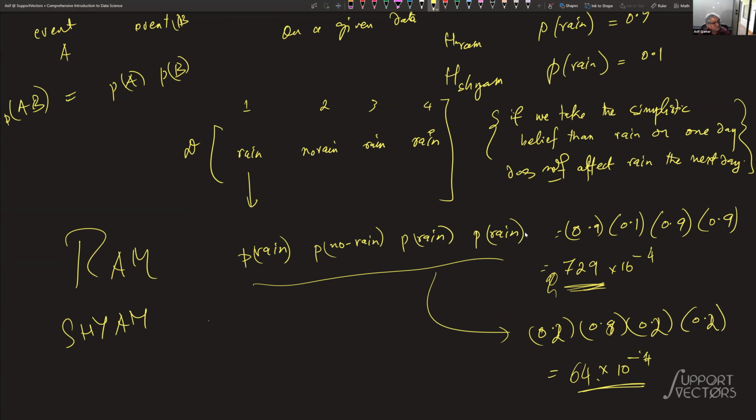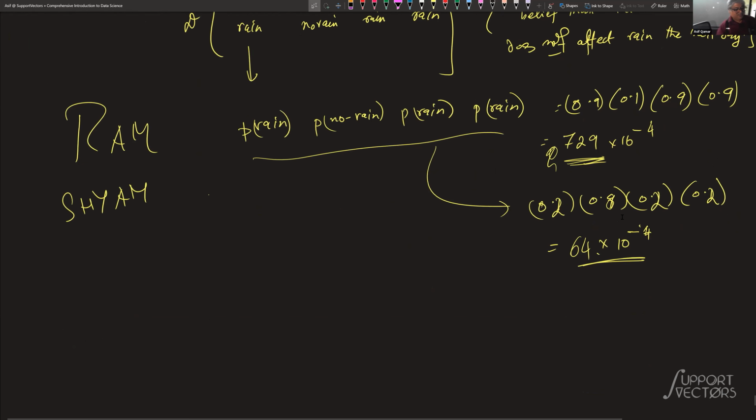So the point that I'm trying to make is, who would you believe in view of this data? Ram. So what you say is that the joint probability of the data being there, the data being true, given a hypothesis. So pay attention to the wording that I'm using.